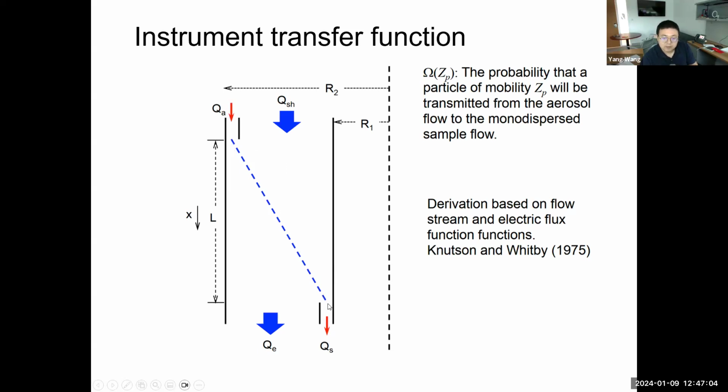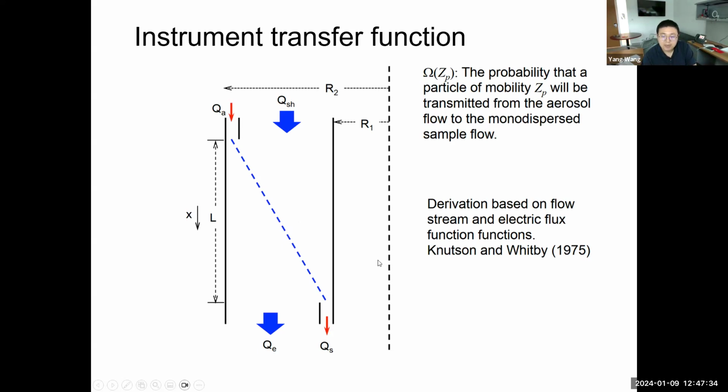And there will be a specific size of particle that has the highest retrieval efficiency to get introduced from the inlet and then exit through the outlet. Right? So this is the definition of the transfer function. We would like to see the probability of particles with different sizes when a specific voltage is applied onto the center electrode.